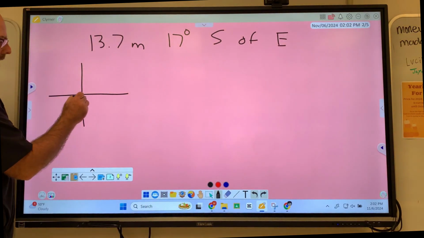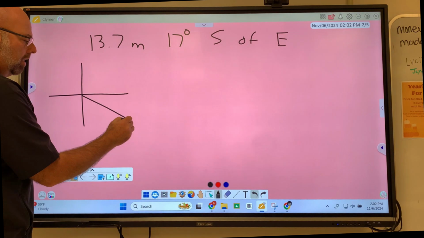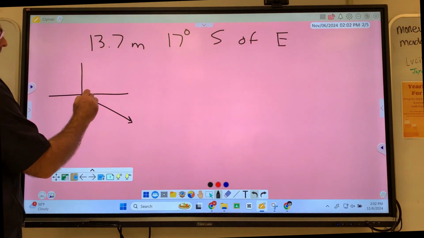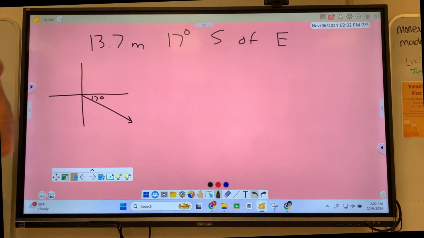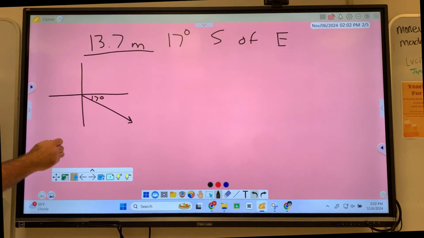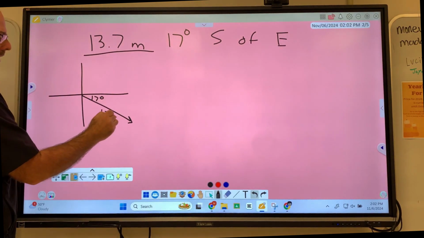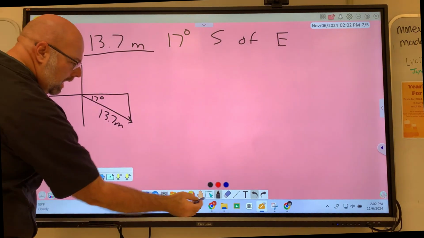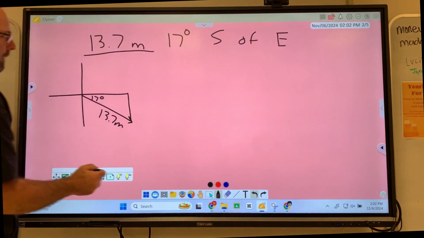So here would be my resulting vector. And I know what the angle is. And what else do I know from the problem? I know the overall magnitude of this vector, right? So 13.7 meters. How do we break that into its pieces?